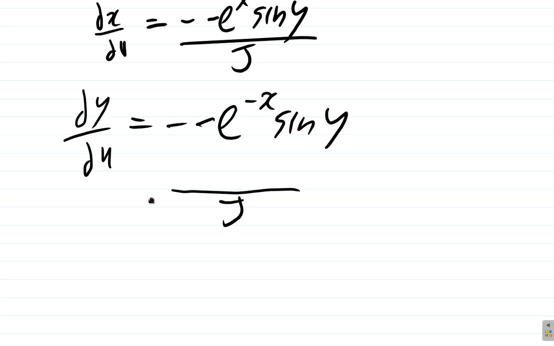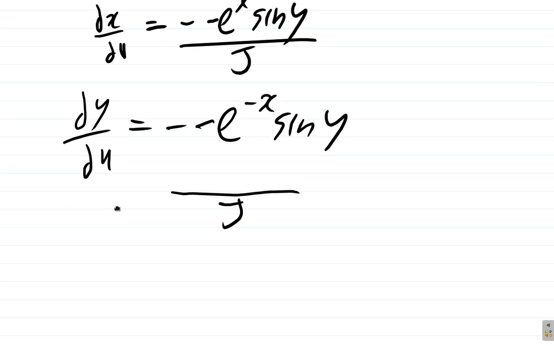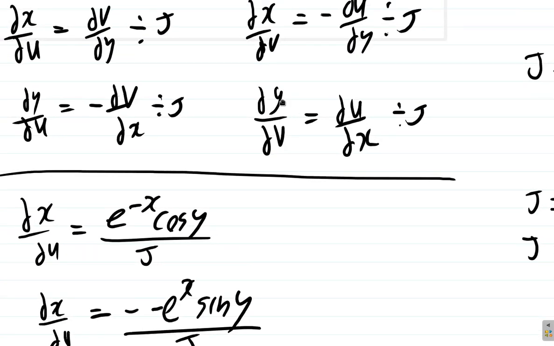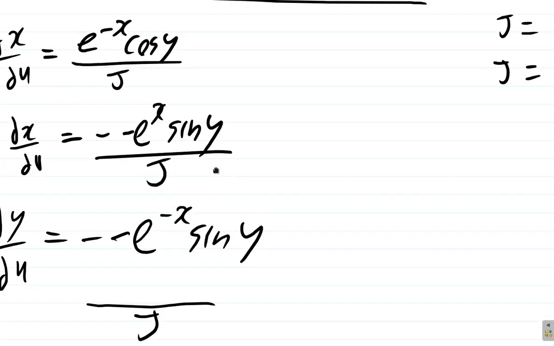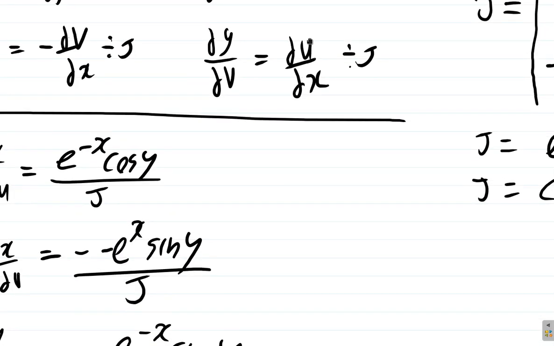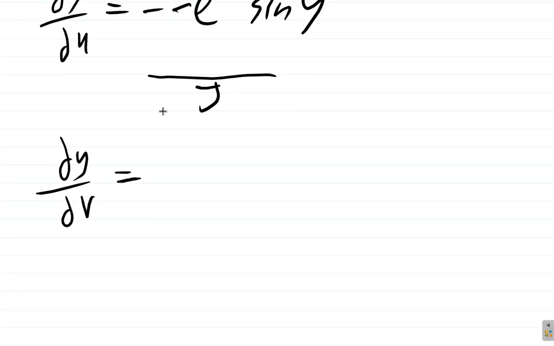And then after that, we want delta y by delta v. So delta y by delta v is equal to delta u by delta x divided by the Jacobian.